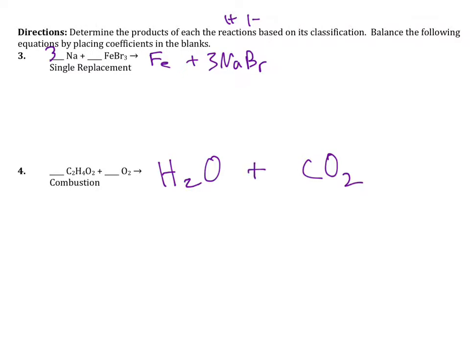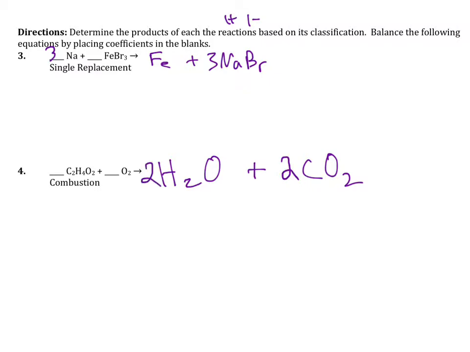All right, so let's go ahead and balance this. Now, whenever you're balancing, especially combustion reactions, you want to save oxygen for last. Okay, so we have 2 carbons, and then we have 1 carbon on the right. So we need to put a 2 here to balance the carbons. Now, for the hydrogen, you need to put a 2 here to balance the hydrogen.